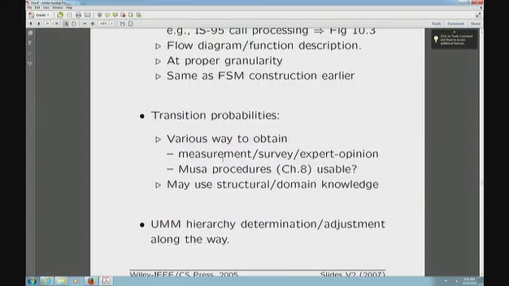Okay, and with the Markov operational profile, you can use some of the structure and the domain knowledge to help you with the construction of operational profile. So that is actually one of the advantages of this over the mutual operational profile, because you have some local information you can use, and local information is typically easier and more accurate than the global information, because you are looking at this specific situation, what are you going to do?